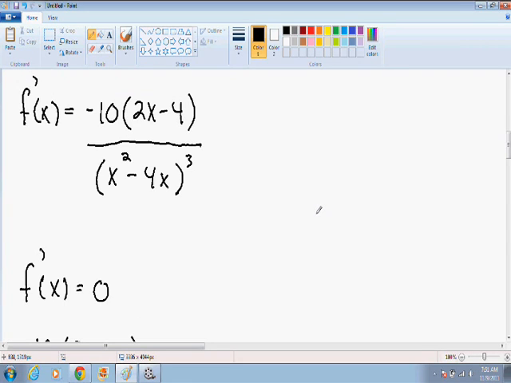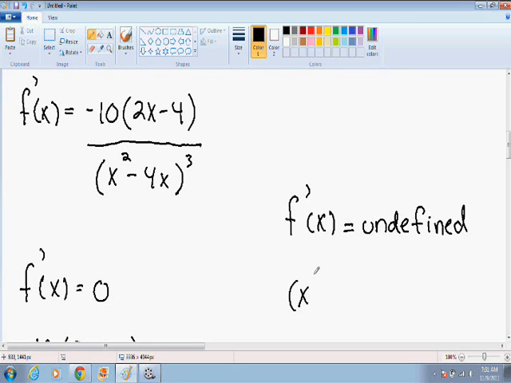And if you remember from our definition, we also have critical points when the derivative is undefined. And the derivative is undefined when the denominator equals 0. So x squared minus 4x, cubed, is equal to 0.